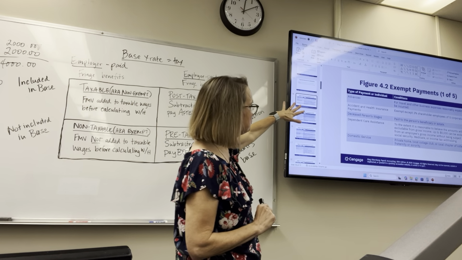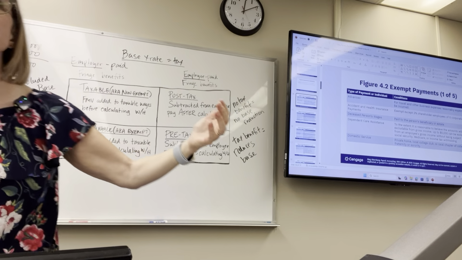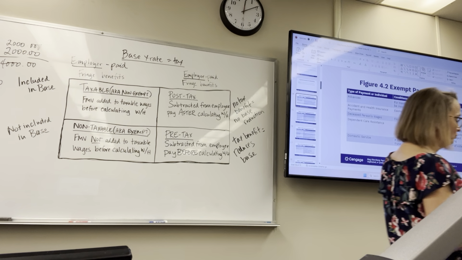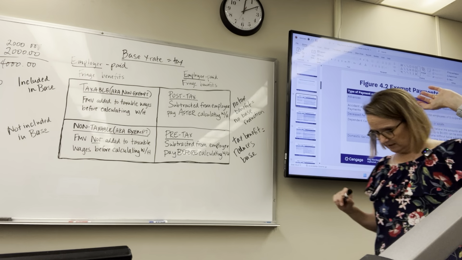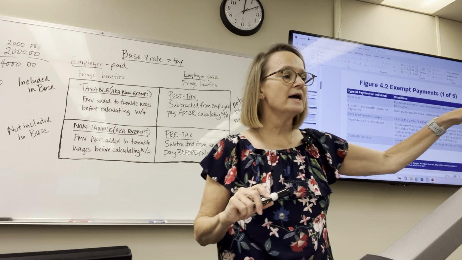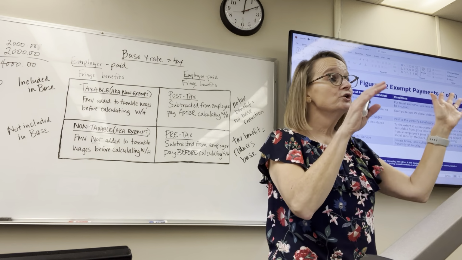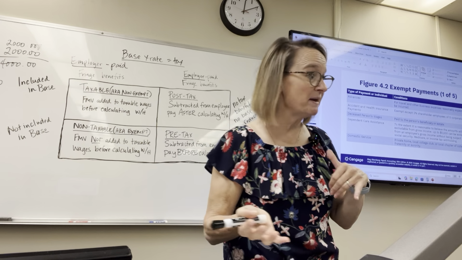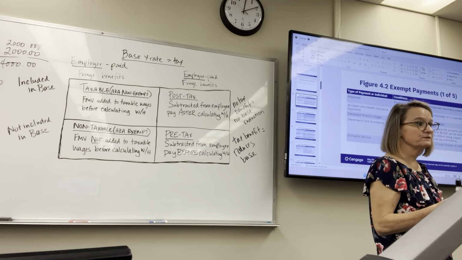So, advances for travel. If your employer gives you $5,000 and says, I'm going to send you to Orlando for 2 weeks to attend this seminar, and this is to cover all of your expenses, as long as you spend the whole $5,000, or the employee repays any amount that's not spent, then it would be non-taxable. So that would be excluded.